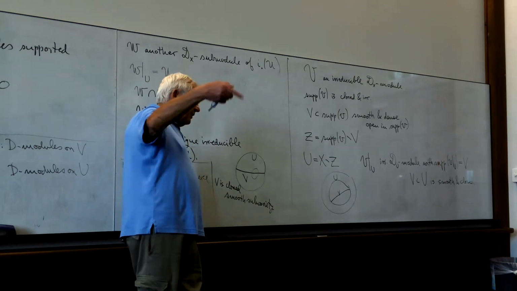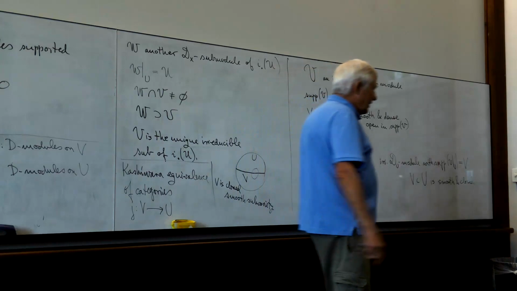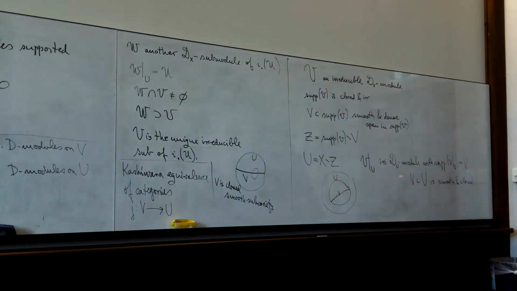So then from Jordan's discussion, we know that its characteristic variety is, except on a set of lower dimension, just the zero section. Because for a holonomic module, the characteristic variety has dimension equal to the dimension of the base. Its support is everything, so the zero section has to be in the characteristic variety.